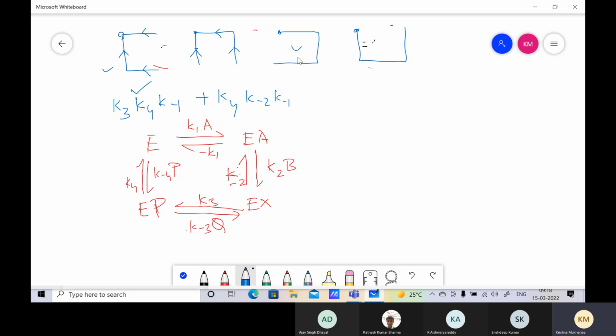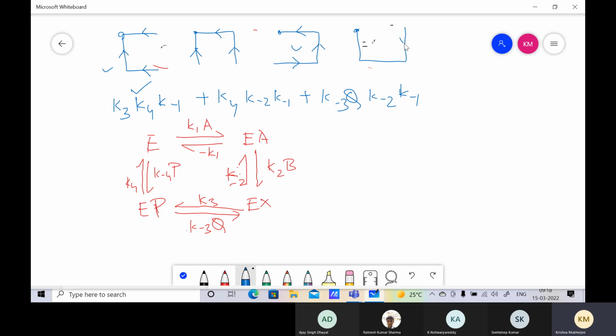What about this one? This is this into this into this. So this is plus K minus 3Q. What about this one here? K minus 2. And what about this one? K minus 1. So it's actually a tedious procedure, but it is actually very mechanical.